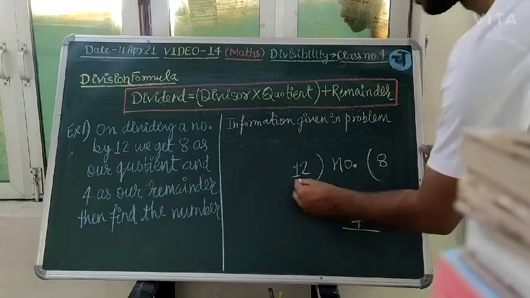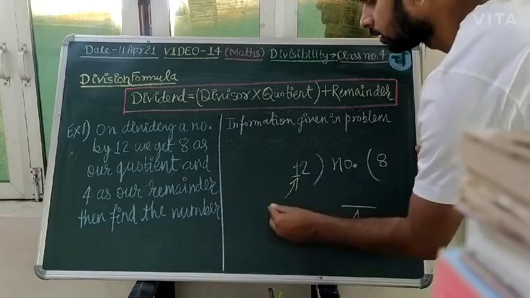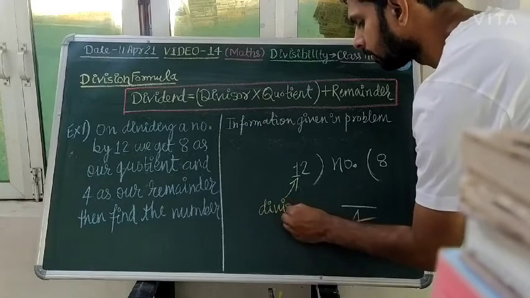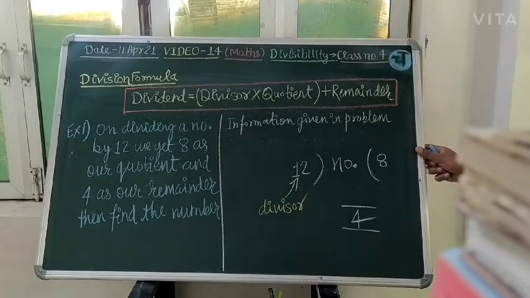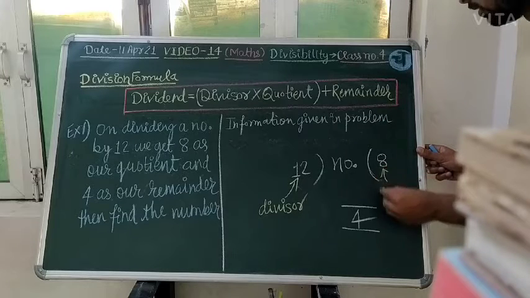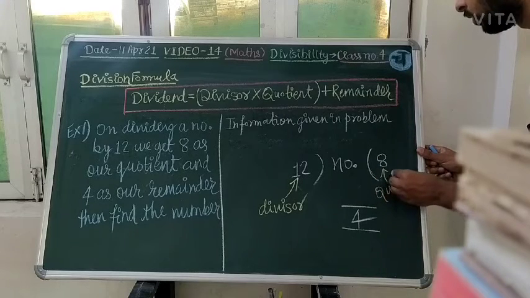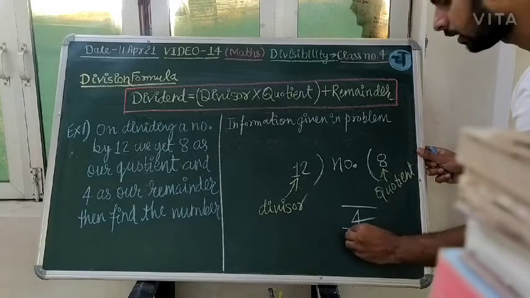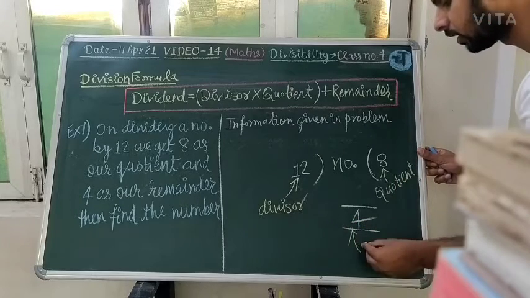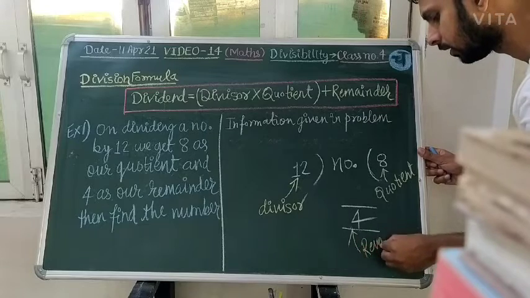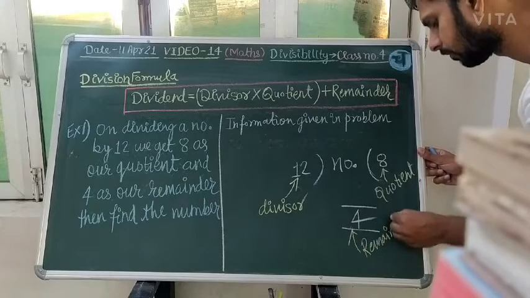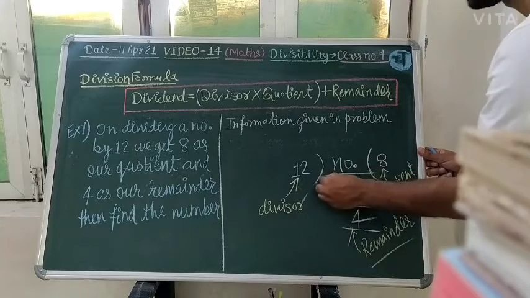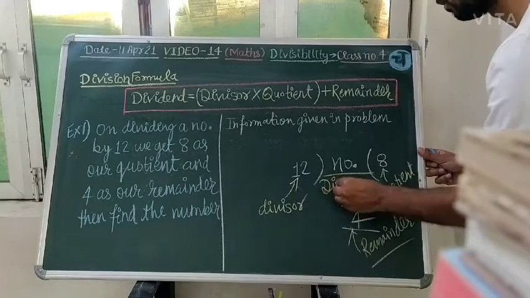So you know that this is our divisor, this is our quotient, this one is our remainder, and this one is our dividend.